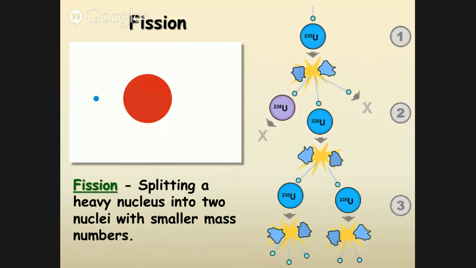And so you could have a chain reaction of these things, such as you see here. The U-235 gets broken apart by the radiation and keeps breaking apart into smaller and smaller pieces. That is nuclear fission.